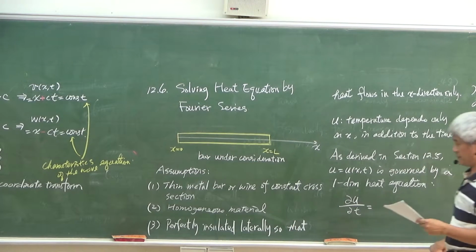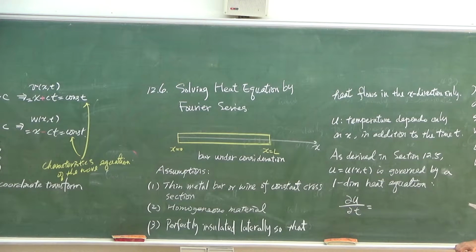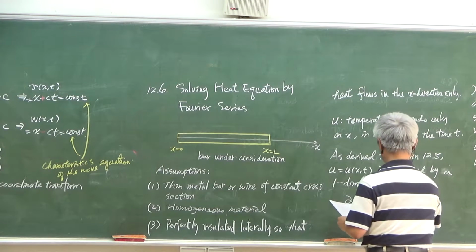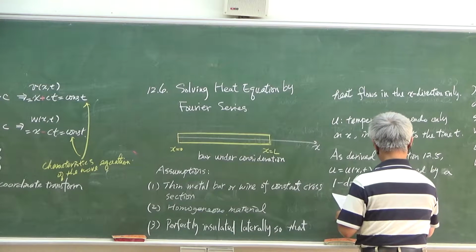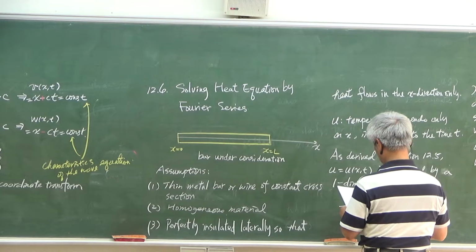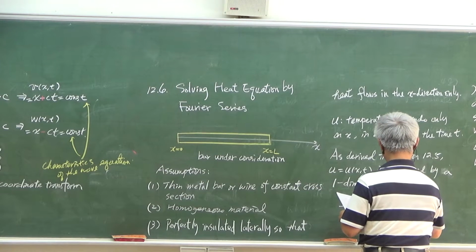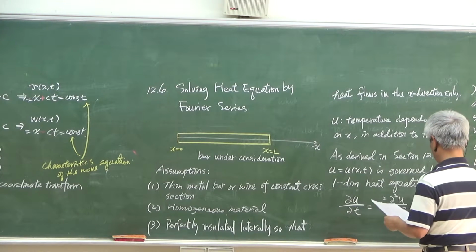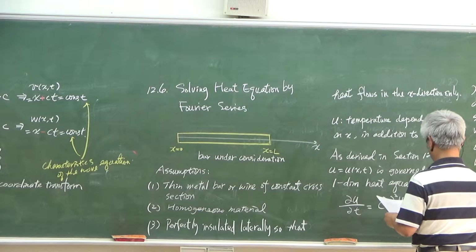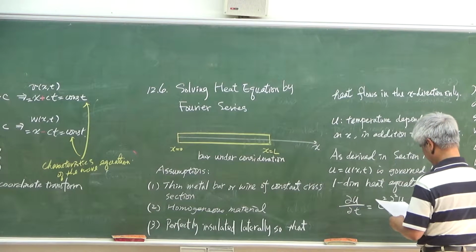So the first derivative of U with respect to time is equal to c squared times the second partial derivative of U with respect to x.